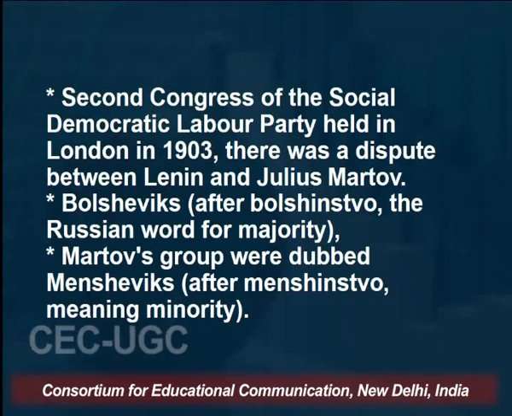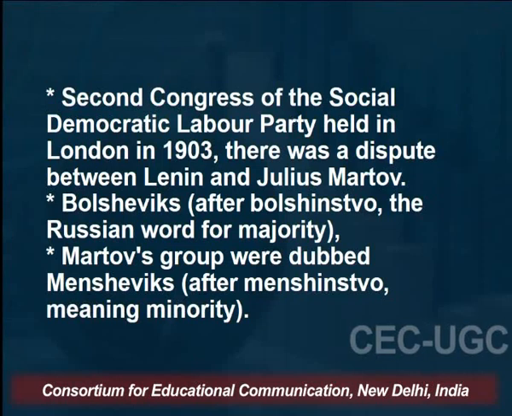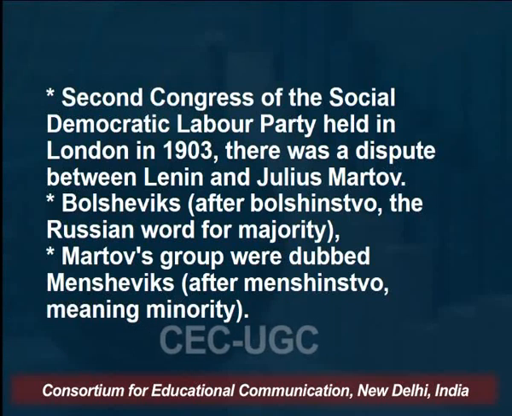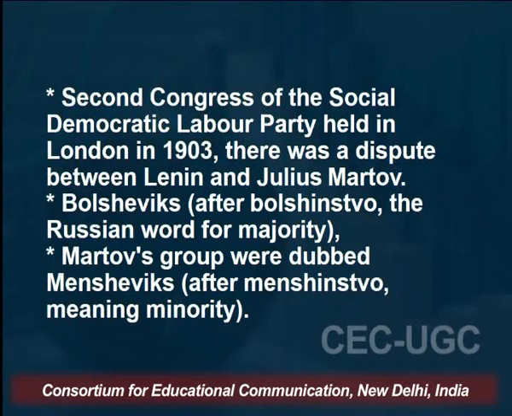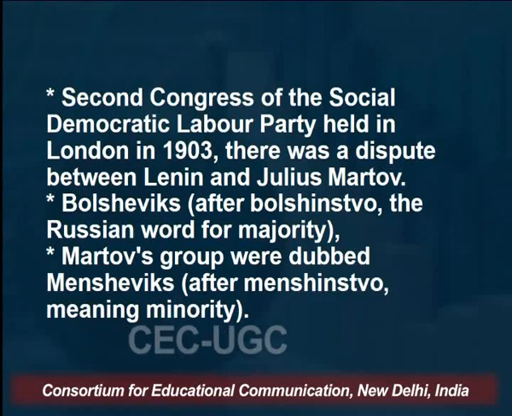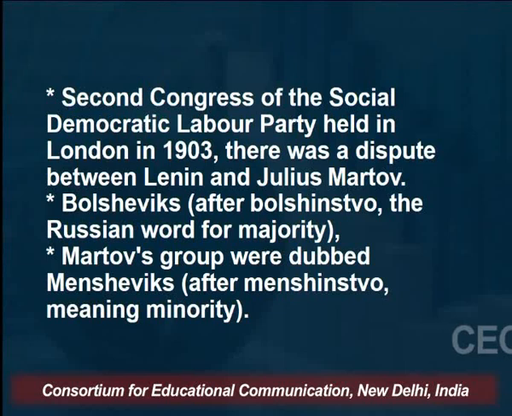Here, it is important to look at the dispute between two important figures, Lenin and Julius Martov. Bolsheviks is the Russian word for majority, from Bolshinstvo, and so the Bolsheviks became famous as Lenin's group, and Martov's group was dubbed Mensheviks, after Menshinstvo, meaning minority.